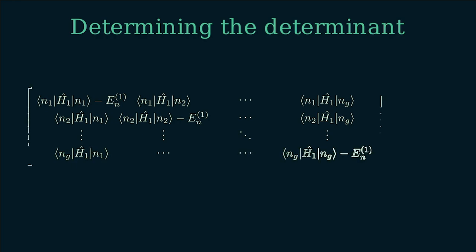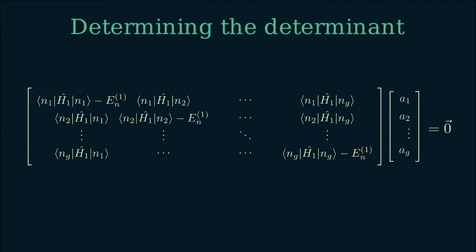Now that we have arrived at this matrix equation and we understand how it works, let's go about solving it. The trivial solution to this problem would be if the A vector is just the 0 vector, but that's not the solution that we are after. We want a non-trivial solution where the vector A contains at least one non-zero value.